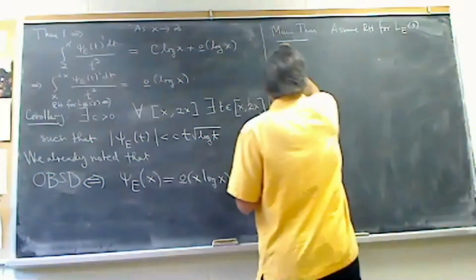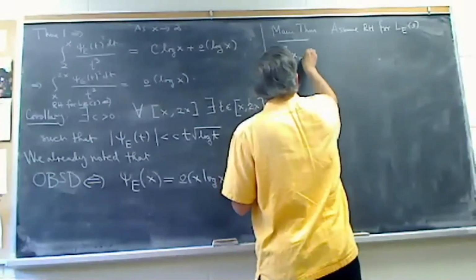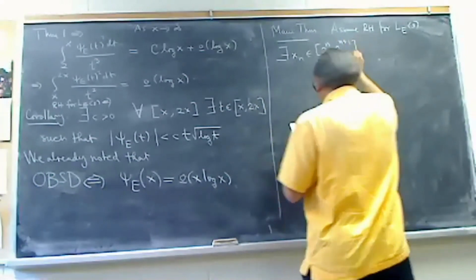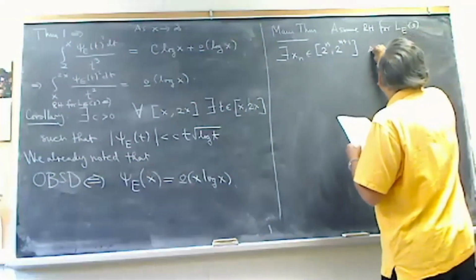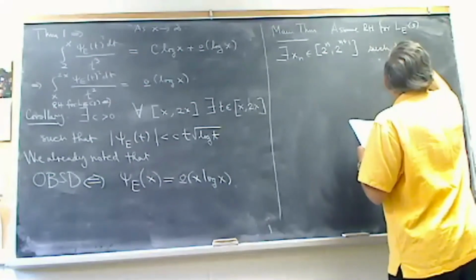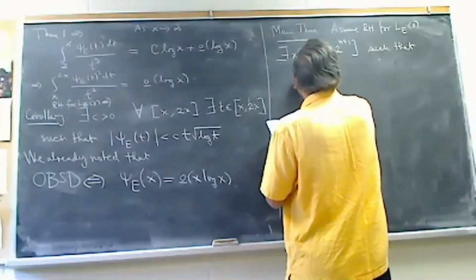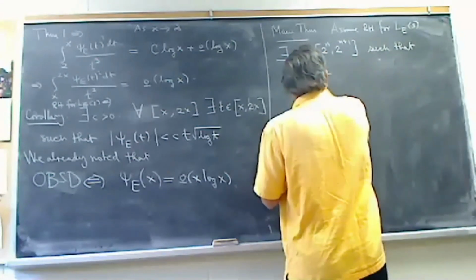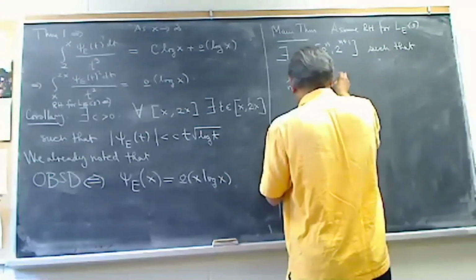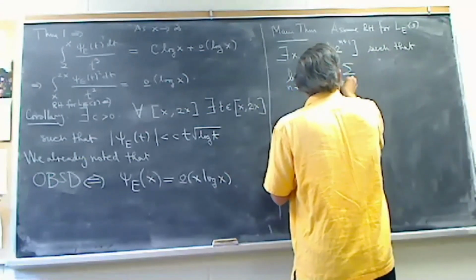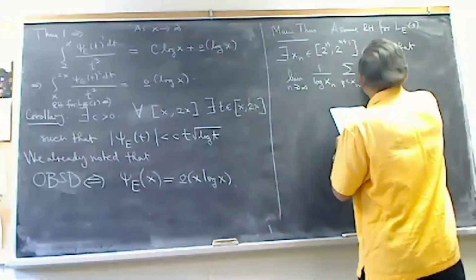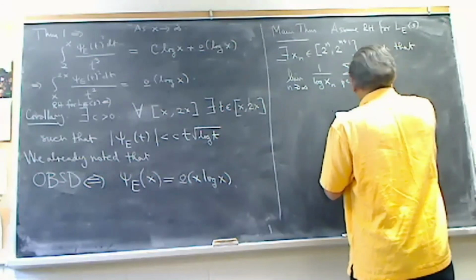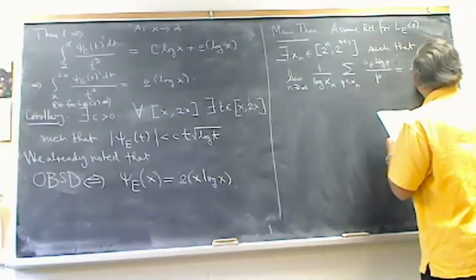Then there exists a sequence, there exists x_n inside [2^n, 2^(n+1)], such that the limit as n goes to infinity of 1 over log x_n, sum over p less than x_n, of a_p log p over p is minus the rank plus a half.